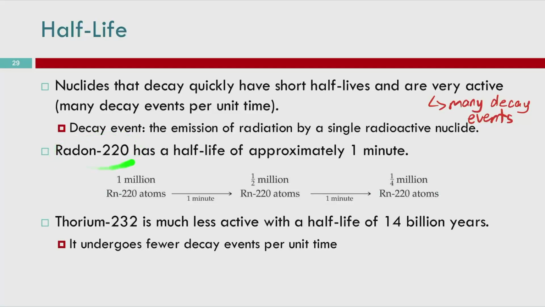For example, radon-220 has a half-life of approximately 1 minute. So if you have, let's say, 1 million radon-220 atoms, and you wait a minute, then you're down to 500,000. If you wait one more minute, half of those 500,000 are gone, and you're down to 250,000. And then you'd be down to an eighth, and so on and so forth.